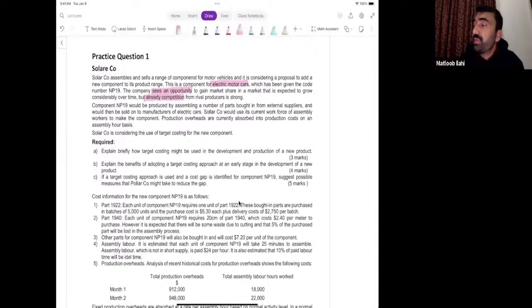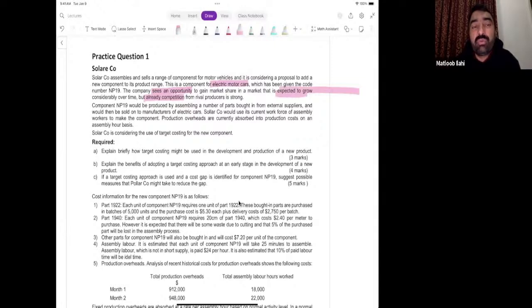So, for example, see how beautifully this question has been designed: the company wants to develop a new component for a new industry, that is electric motor cars. The company sees an opportunity to gain market share in a market that is expected to grow considerably over time, but already competition from rival producers is strong. There are already competitors who are producing similar products.